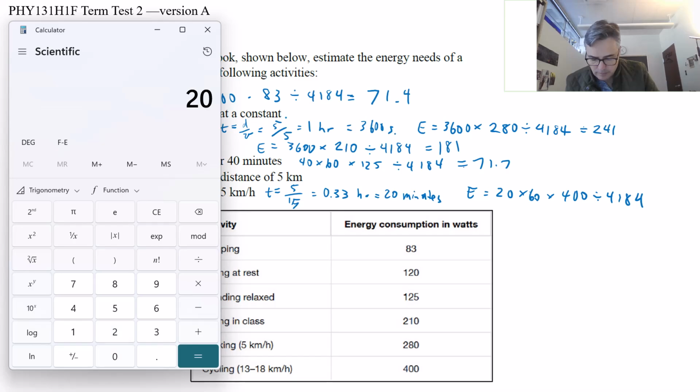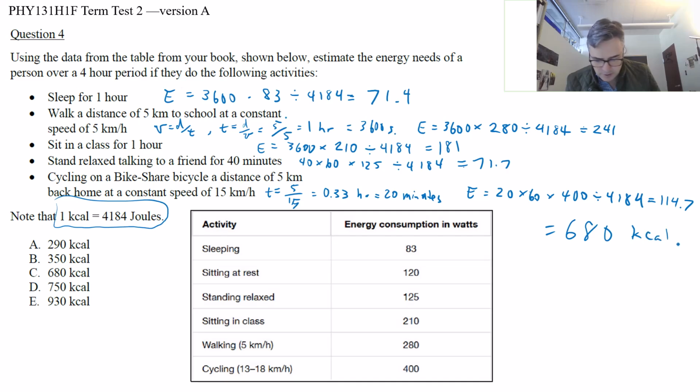And the cycling is 20 minutes times 60 seconds times 400 divided by 4,184, 114.7. Lastly, add up all the calories. 71.4 plus 241 plus 181 plus 71.7 plus 114.7 is 679.8 kcals.